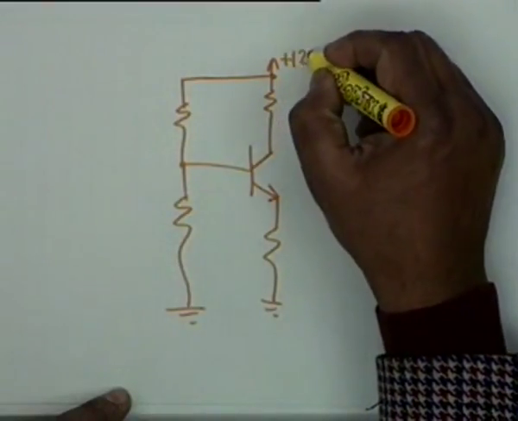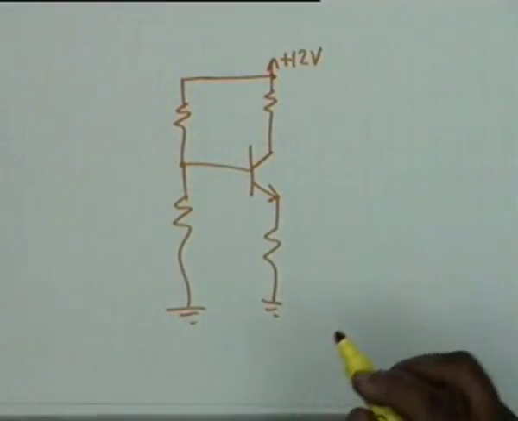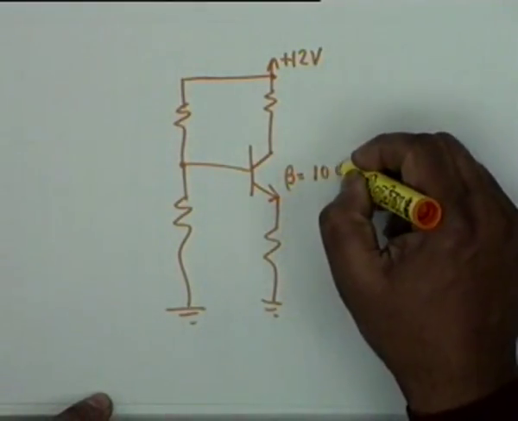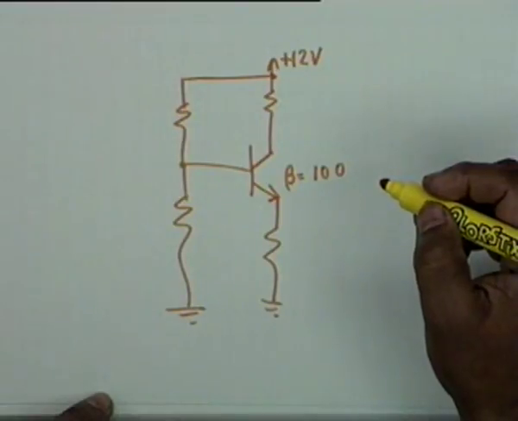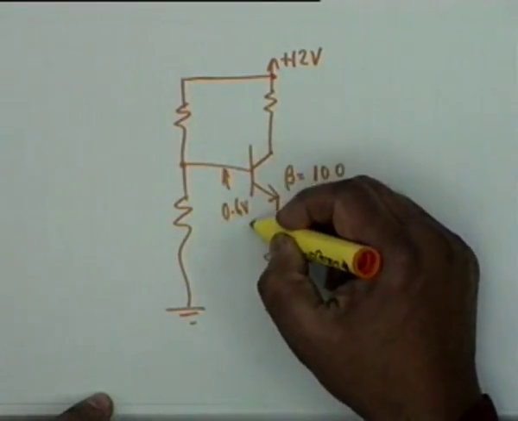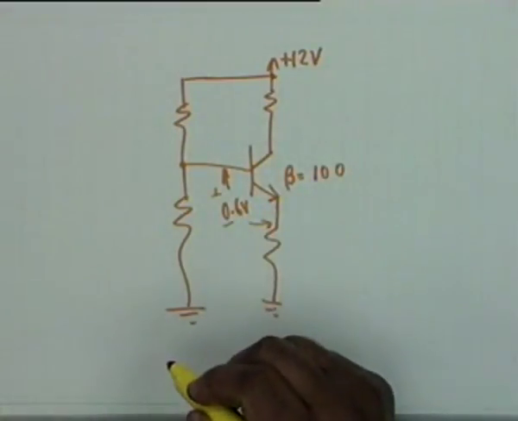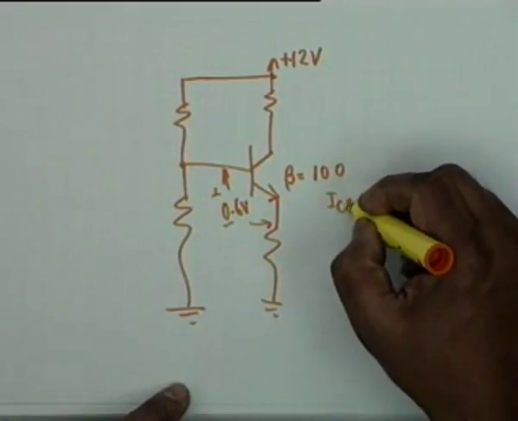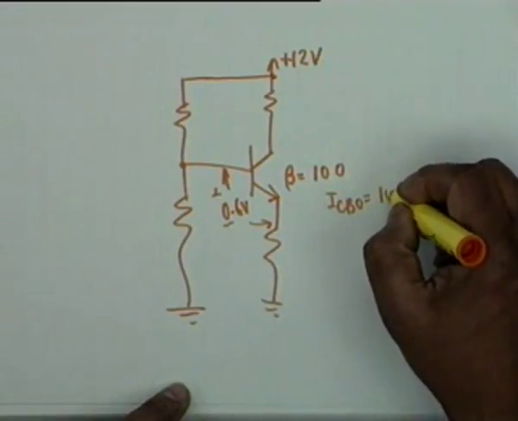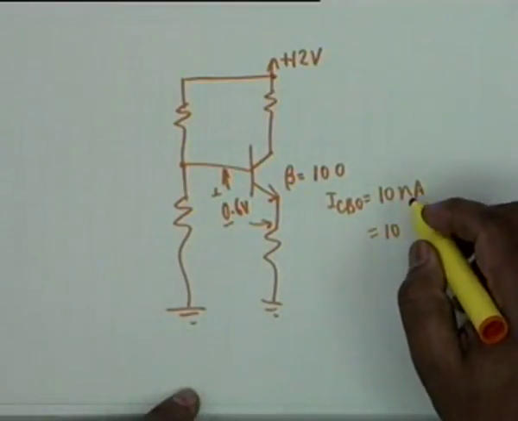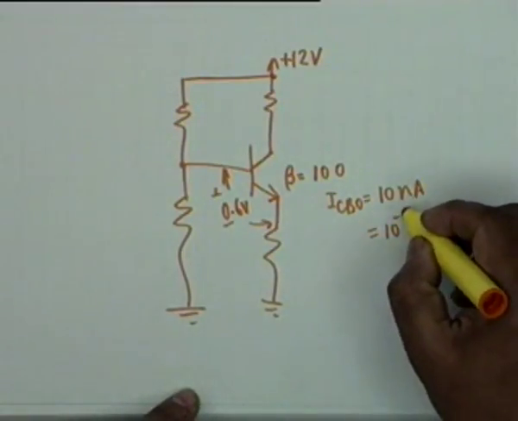The VCC is 12 volt, beta is equal to 100, VBE is given as 0.6 volt for a change, ICBO is given as 10 nanoamperes, which is equal to 10 to the power minus 8 ampere.